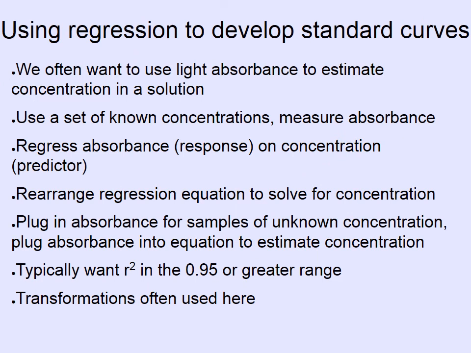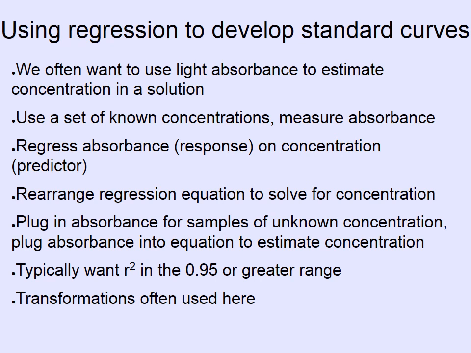Finally, we talked in class briefly about using regression to develop standard curves. We've seen light absorbance used to estimate the bacterial concentration of solutions. Some of you may have done this before. We want to be able to predict some unknown concentration based on its absorbance, and we do that all the time.